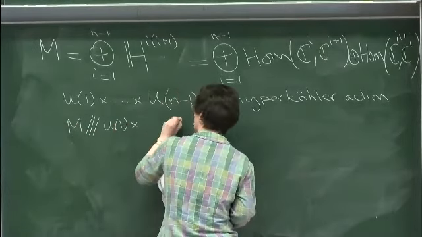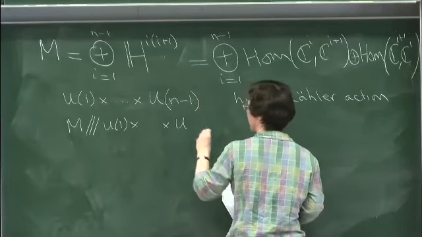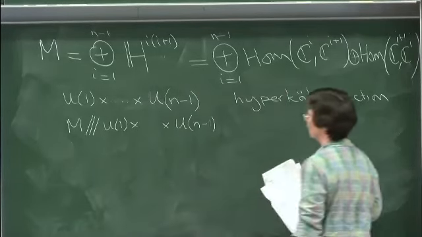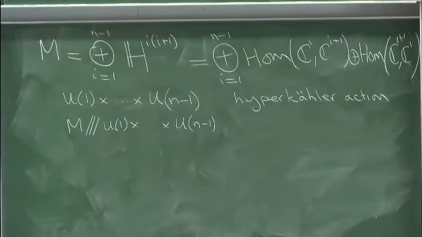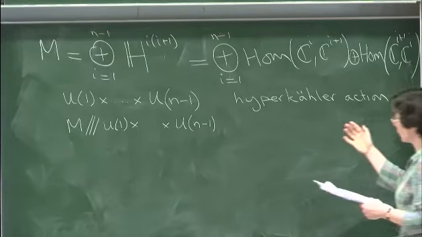Nakajima had a slightly modified hyperkahler quotient where you change the natural moment map in the direction of the centre of it.